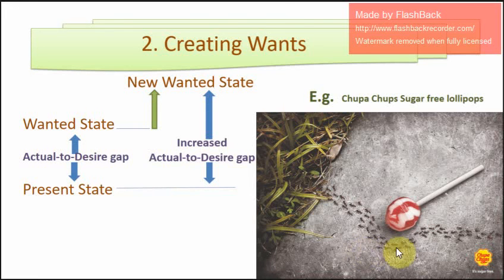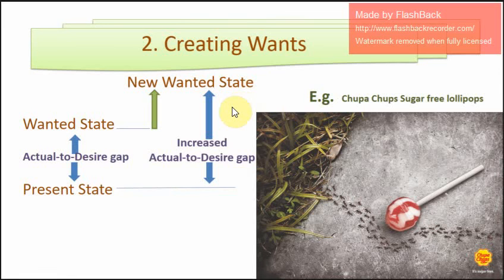So which means a parent can buy Chupa Chups lollipops for their children without worrying about increased sugar intake by the children. So in this way, the ad is trying to create a new wanted state, a higher wanted state, so that this actual to desired gap increases.